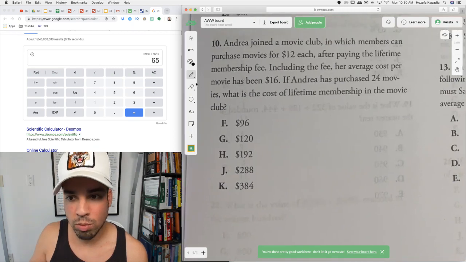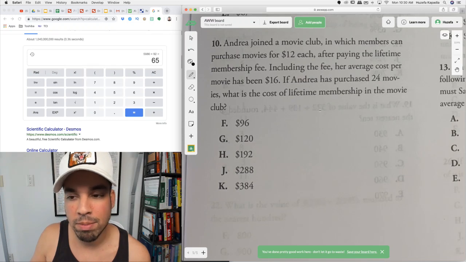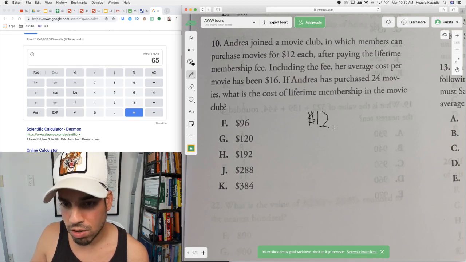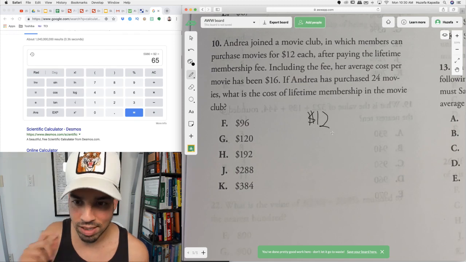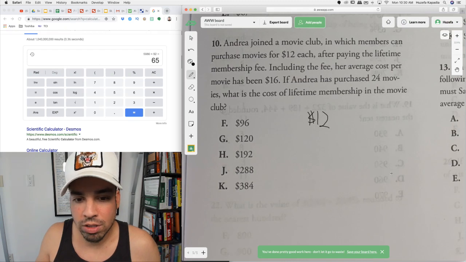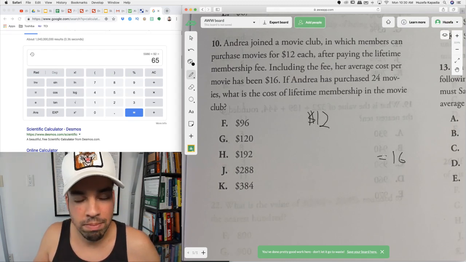Andrea joined a movie club in which members can purchase movies for $12 each after paying the lifetime membership fee. Her average cost per movie has been $16. I think this is a nice average problem.